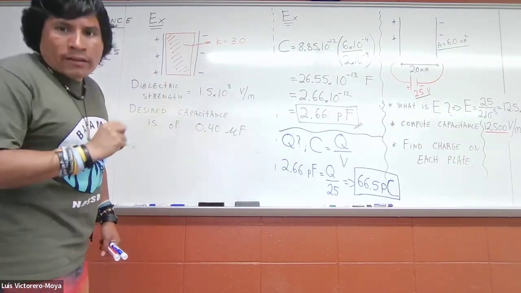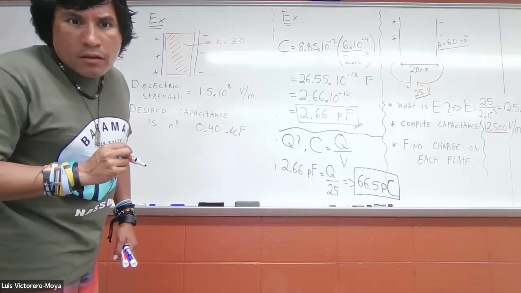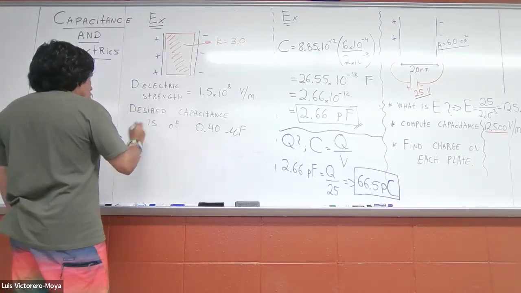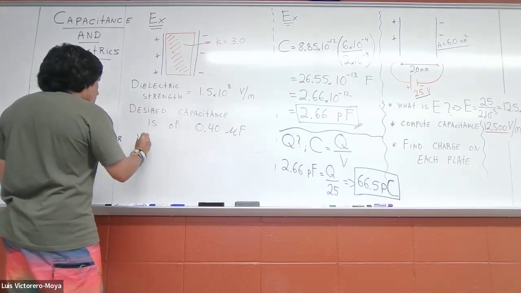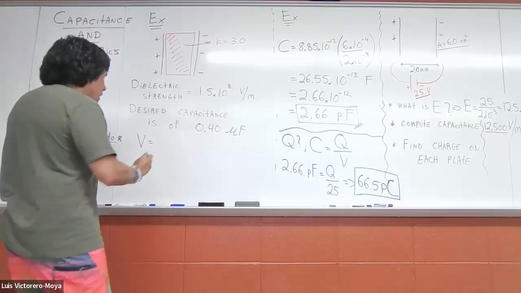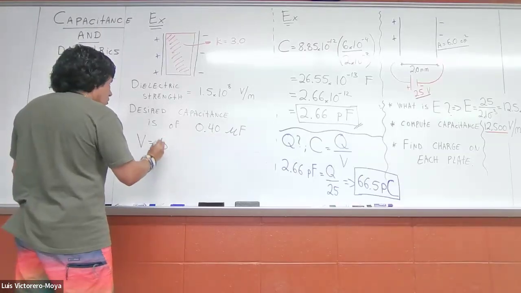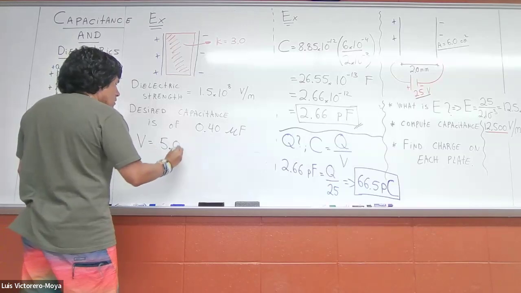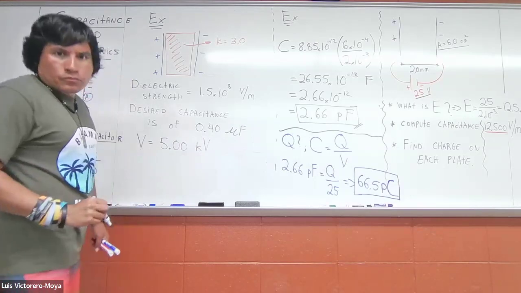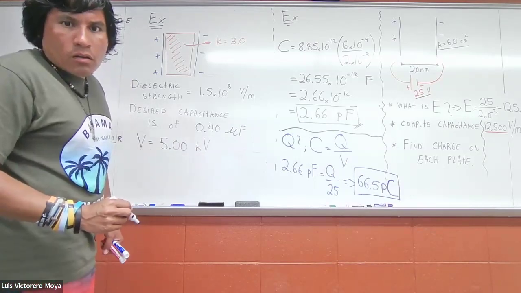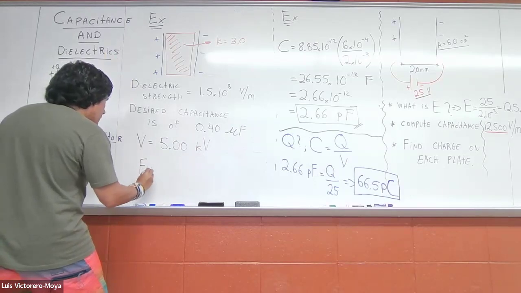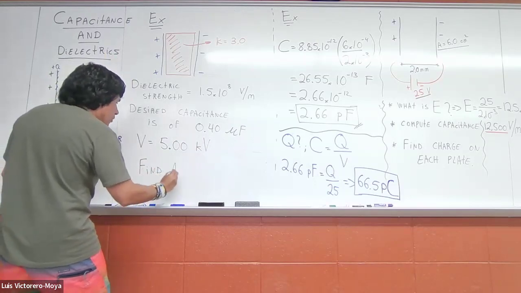So they want that capacitance. And the voltage between the plates must be 5.00 kilovolts. So find the minimum area for that, or find the area of the plates.